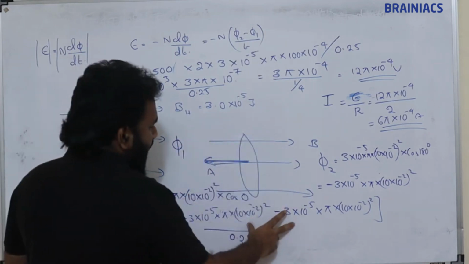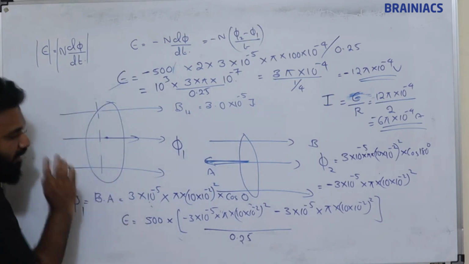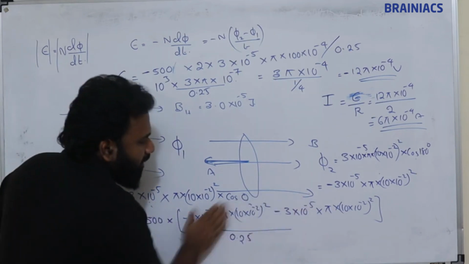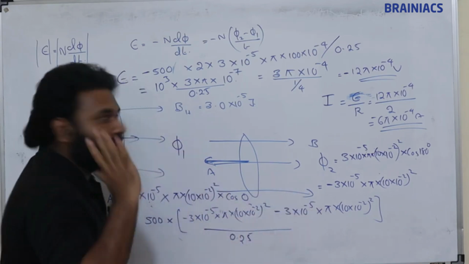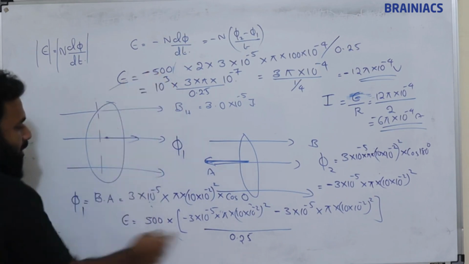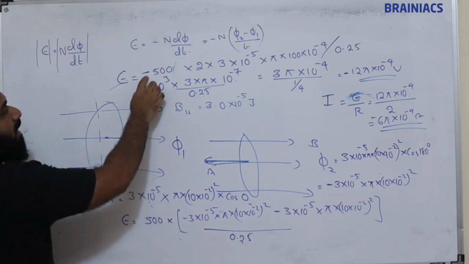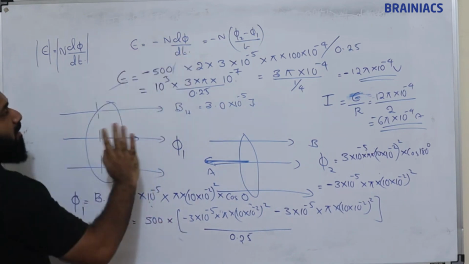Finally, this will become minus. If we remove this negative, the simplification will not have any change. But since we haven't considered this negative, when we take it out, it will not be cancelled in the final result.